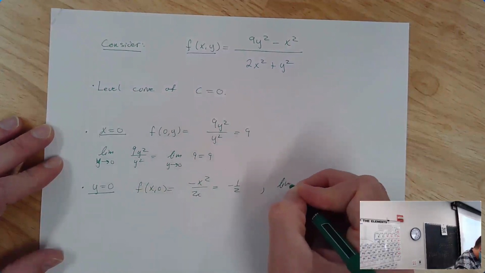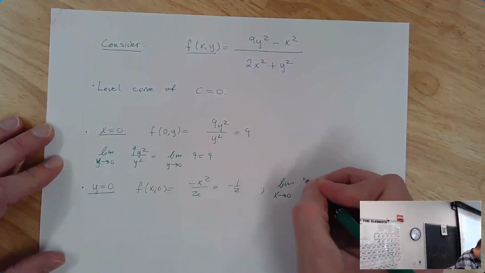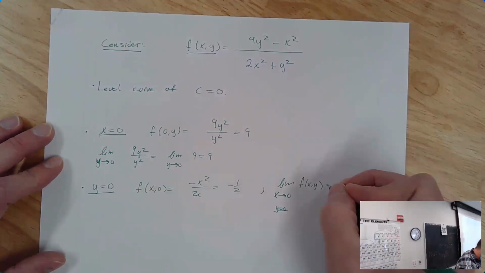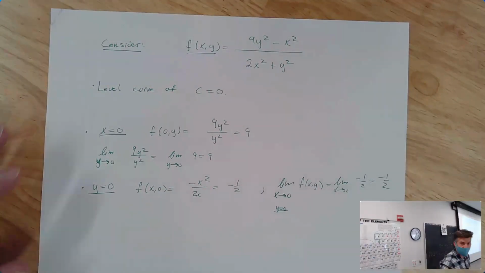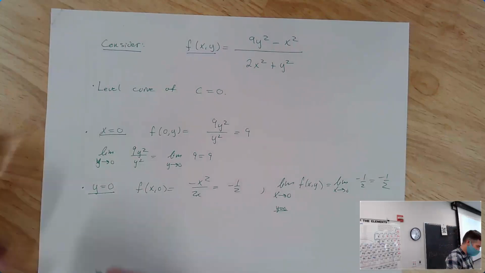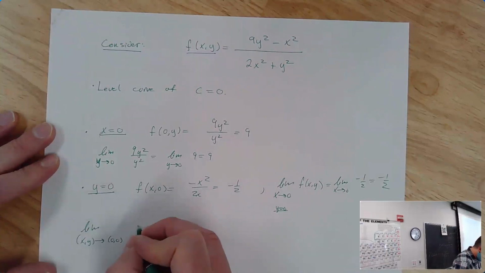So the limit as x approaches 0 of this function on the path y equal to 0 is negative 1/2. And that is enough to say that the overall limit doesn't exist because you got two different values. So the limit as (x, y) approaches (0, 0) definitely doesn't exist.